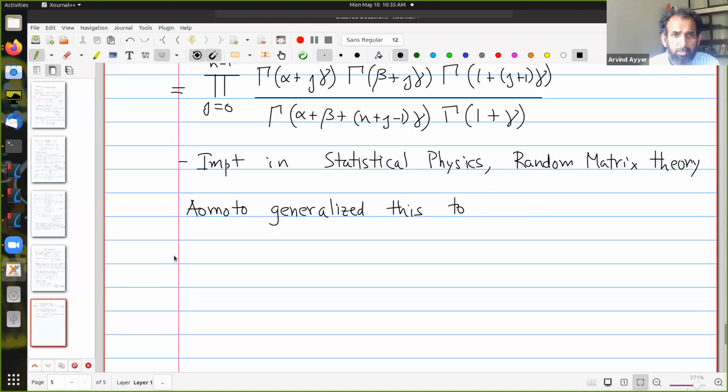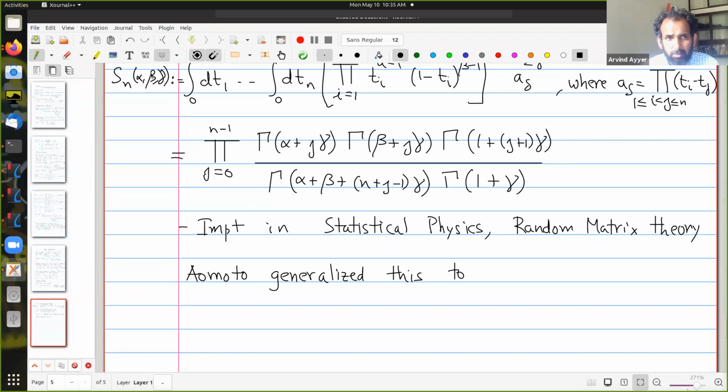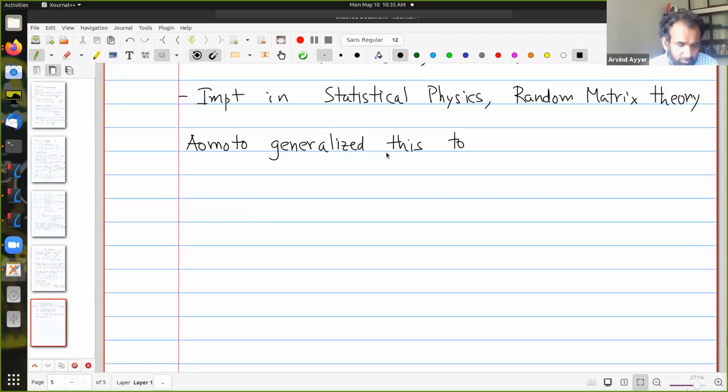So again, with some abuse of notation, maybe I'll call this product also Sn.